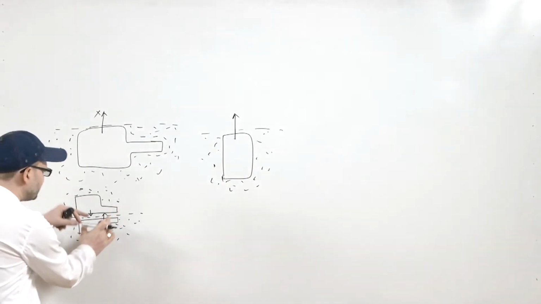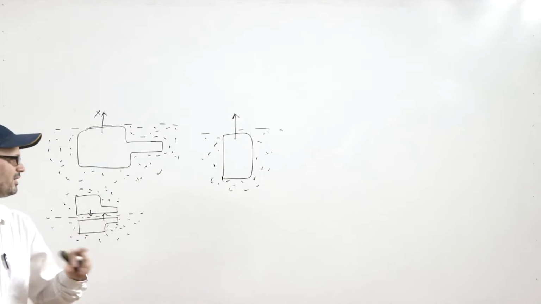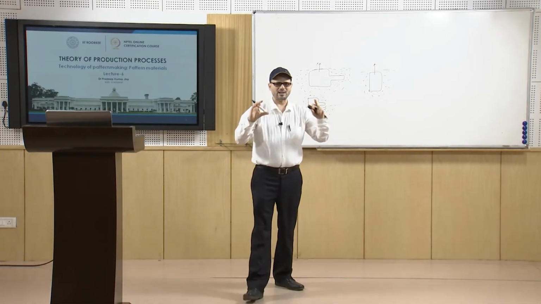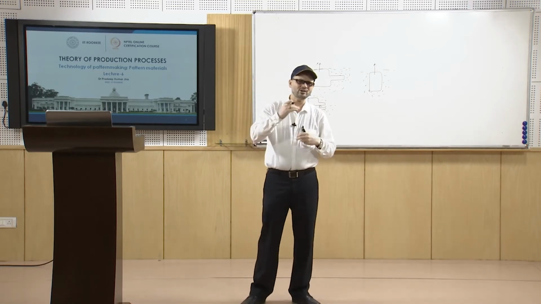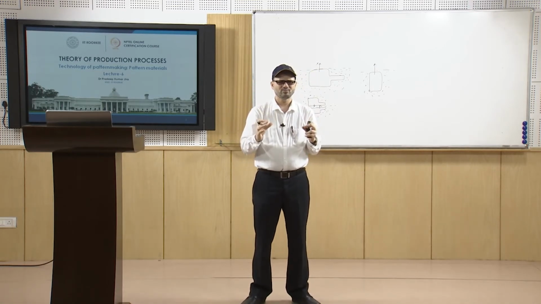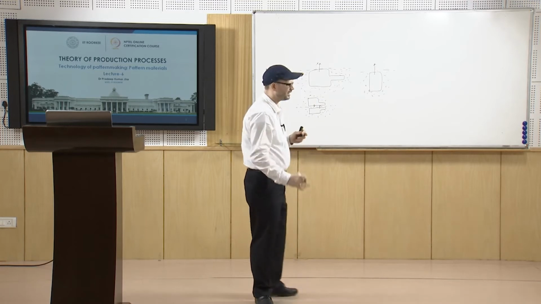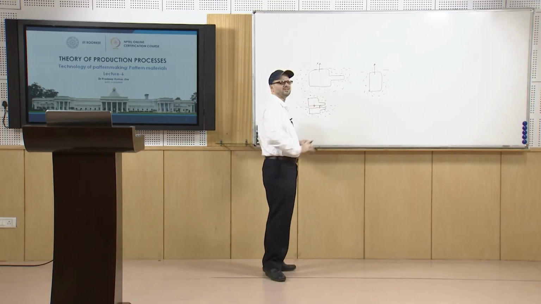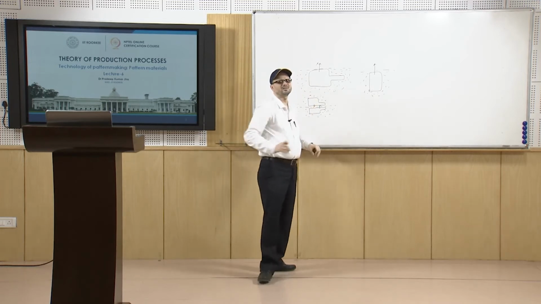So, once you join these two cavities, you will have a whole cavity of this type. So, when you are making any cavity, you will have to design and construct the pattern in such a way that you can have the cavity and you can pour the liquid metal into it.